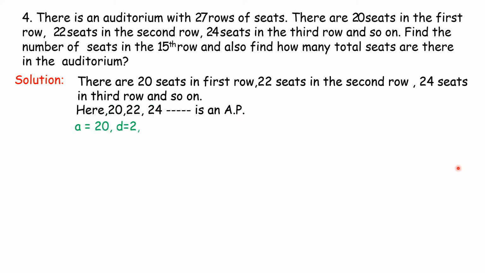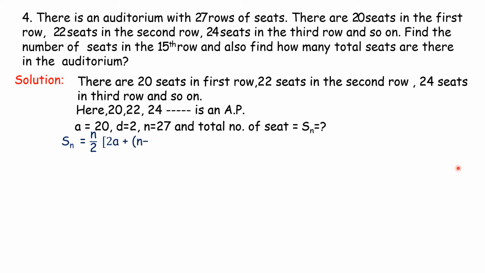A is equal to 20, D is equal to 2, N is equal to 27, and total number of seats, that is sum of first n terms. Sum of first n terms is equal to n upon 2 into square bracket 2a plus in bracket n minus 1 bracket complete into d, complete the square bracket. Now substitute the values.